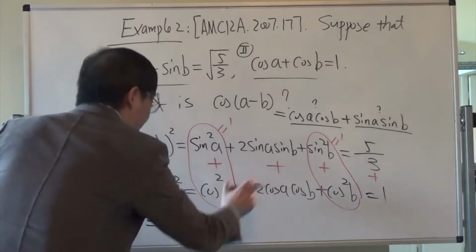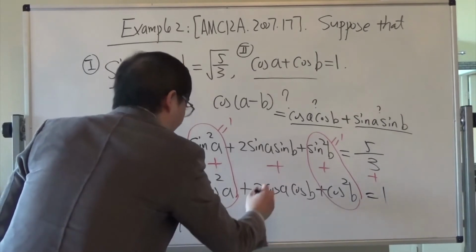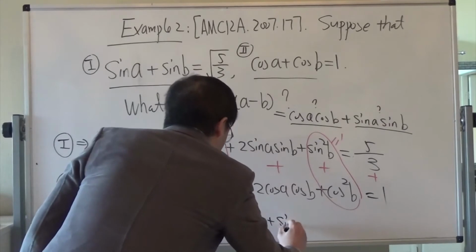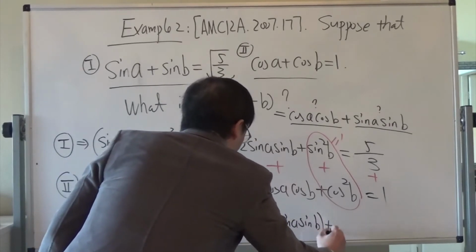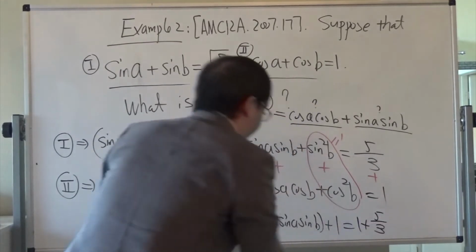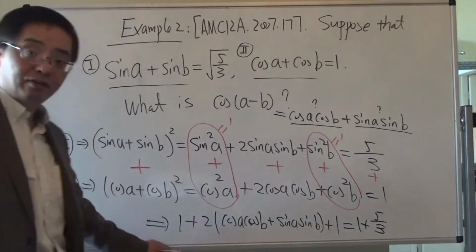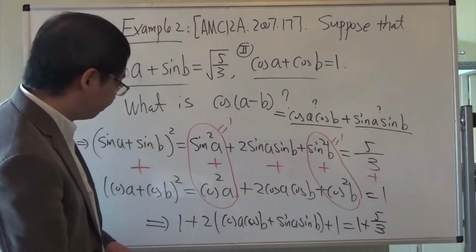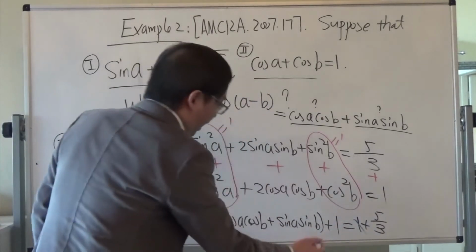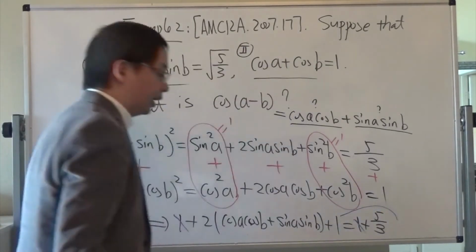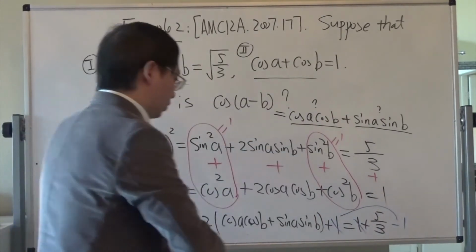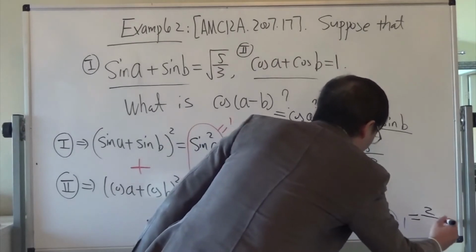1 plus, that's what we want, twice cosine A cosine B plus sine A sine B, and then plus 1 equals 1 plus 3 over 5, right? And therefore, we can cancel 1 with 1, and then move another 1 to the other side, and this minus 1 equals 2 over 3.